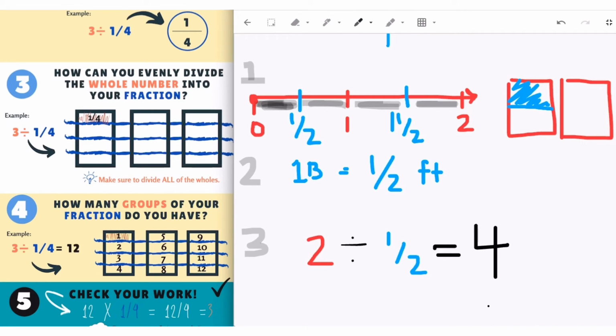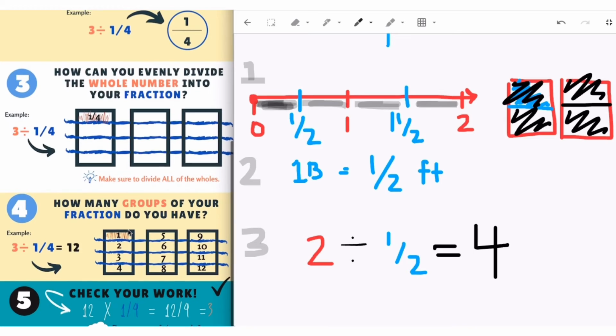I can take 4 groups of 1/2 from 2. If I was looking at this model, I could see the same thing. I have 1 group of 1/2, 2 groups of 1/2, 3 groups of 1/2, and 4 groups of 1/2.